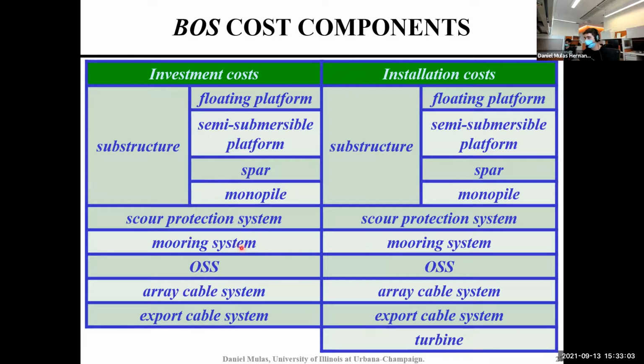If we use a mooring system, we include the mooring system in the simulation, the offshore substation that we are using and the location of the offshore substation, the array cable system, the types of cables that we use for the array and export cable system. And it takes into account investment costs, of course, and the installation costs, which also include the turbine installation costs.